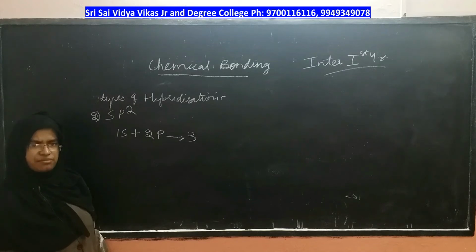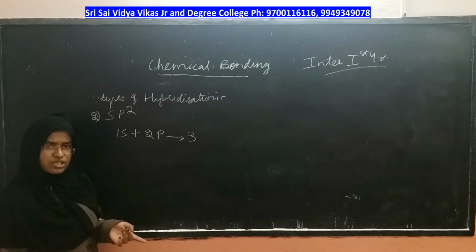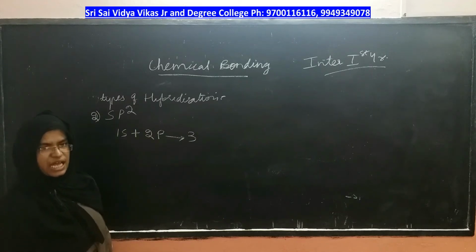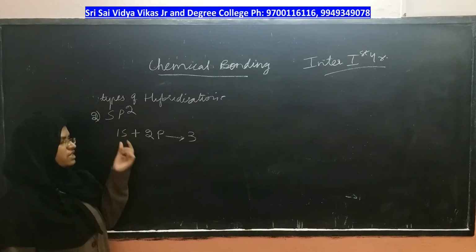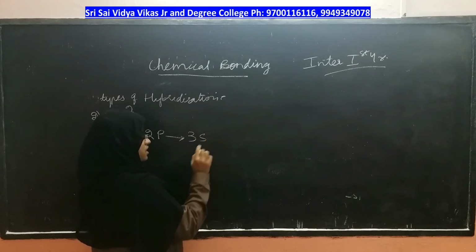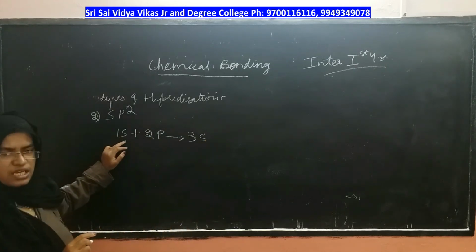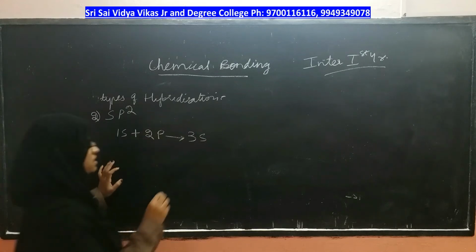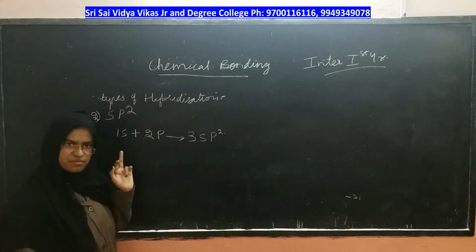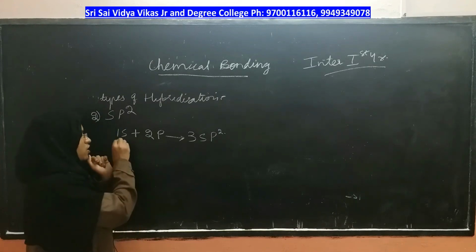orbitals were intermixing. So after intermixing also, how many hybrid orbitals will you get? 3. Each orbital has how much percentage of s? S percentage will be to the extent of 33, and p percentage will also be there. So in this molecule, one s orbital is intermixing with 2 p orbitals, total how many? 3.